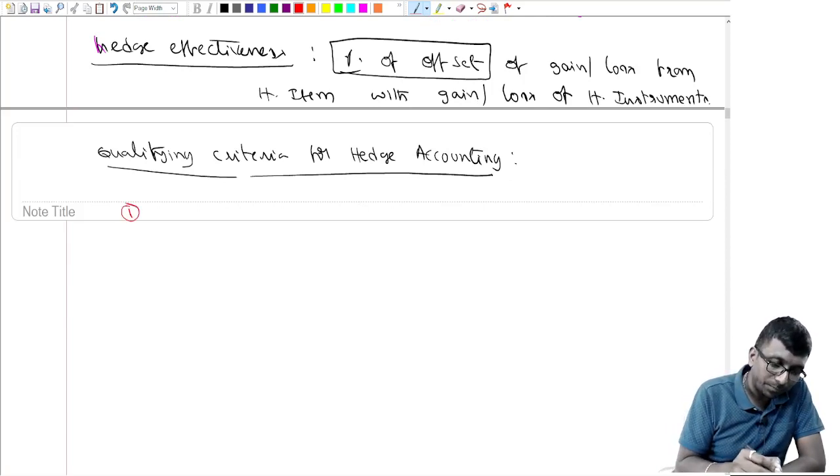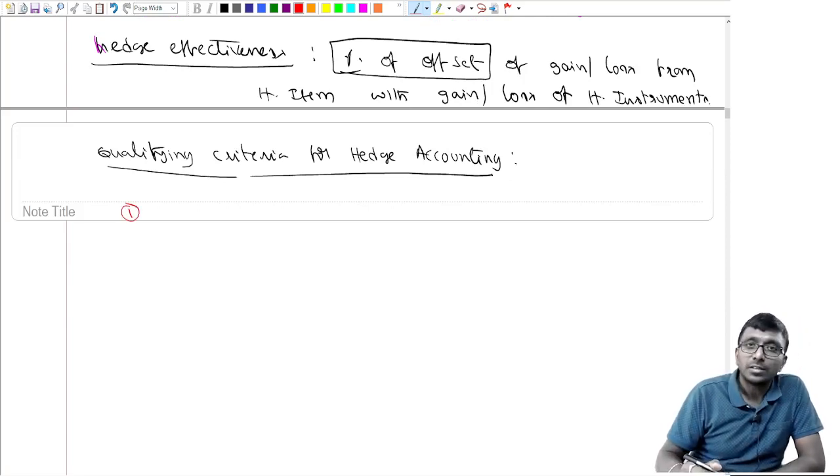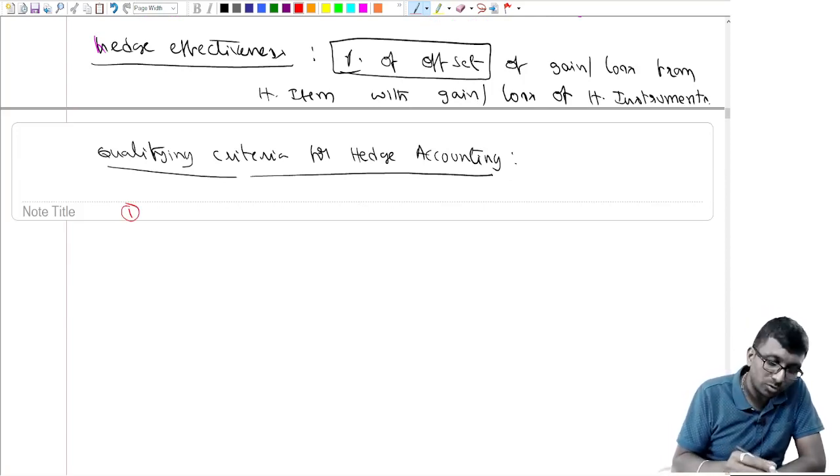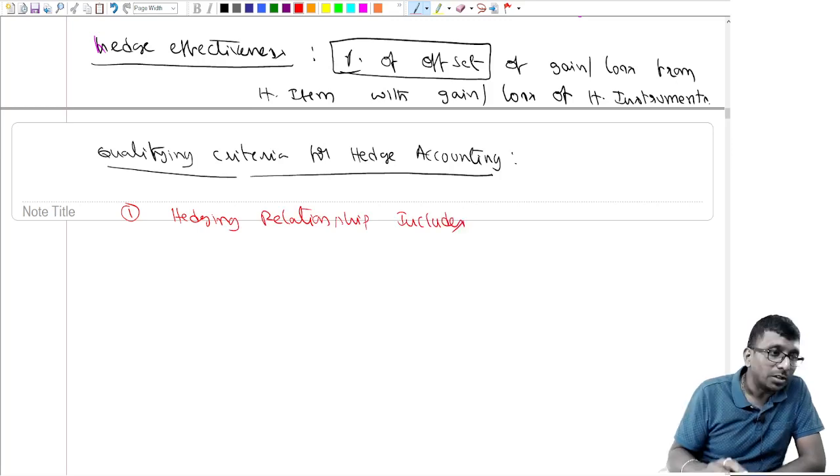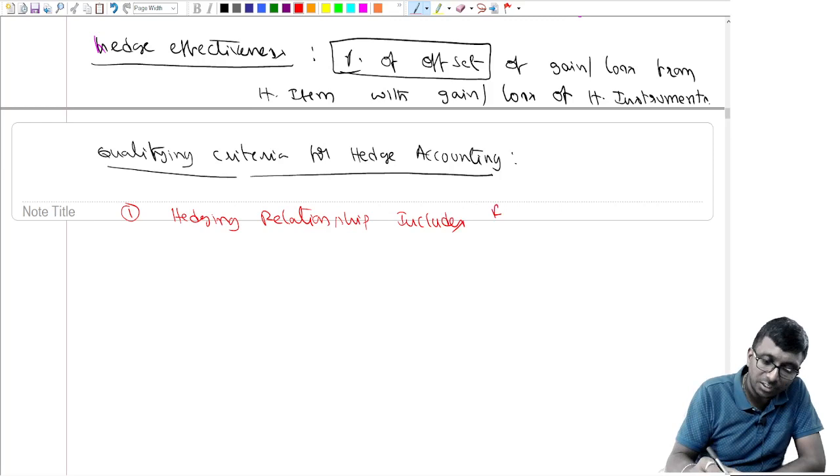The first point: the hedging relationship includes the eligible hedged item and hedging instrument.